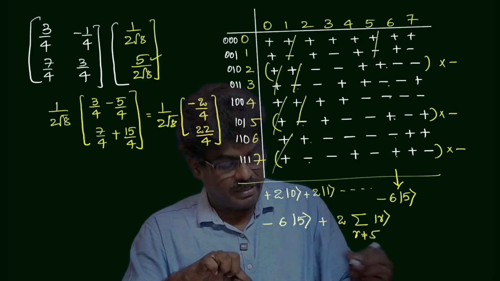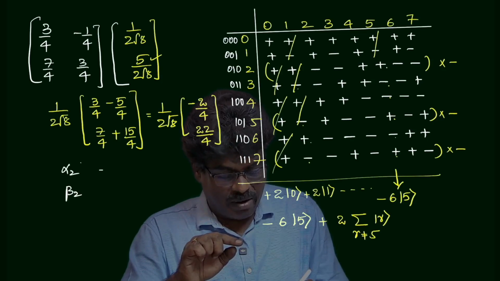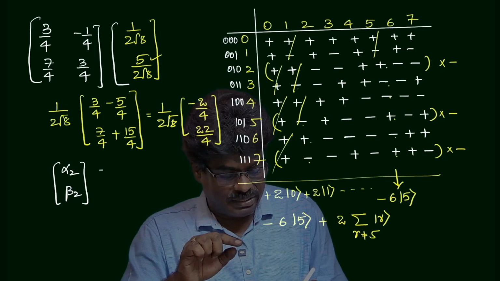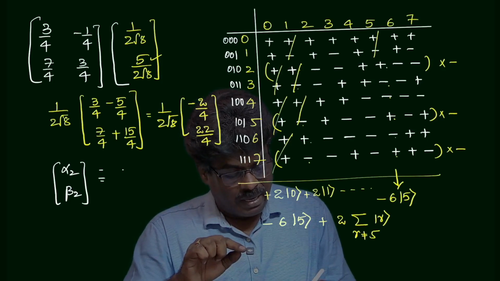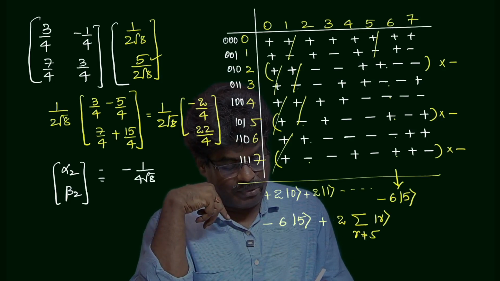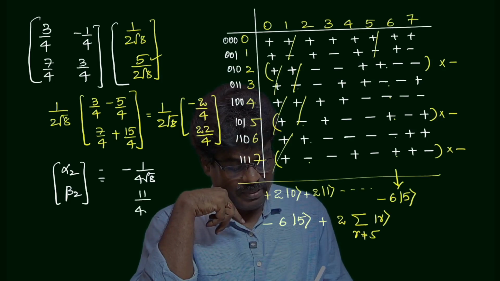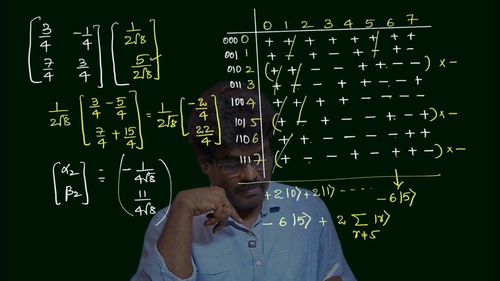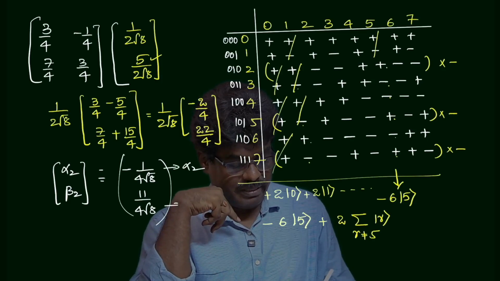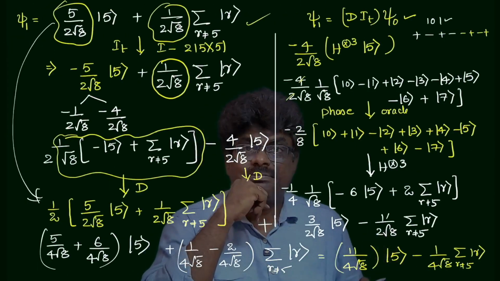So I hope you got it. So this is nothing but alpha 2 and beta 2 after the second iteration. We got minus 1 by 2 gets cancelled, 4 root 8, and after that 11 by 4 root 8. So this is alpha 2 and this is beta 2, target state amplitude is increased. Exactly, we got the same answer.